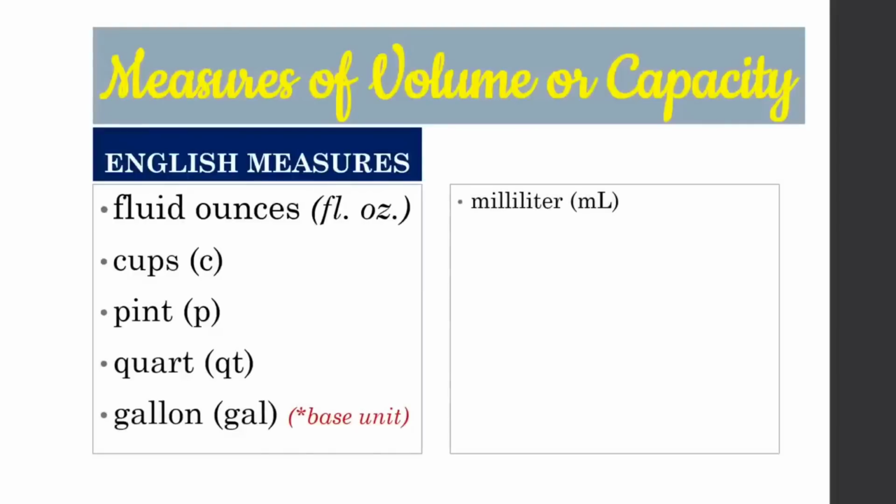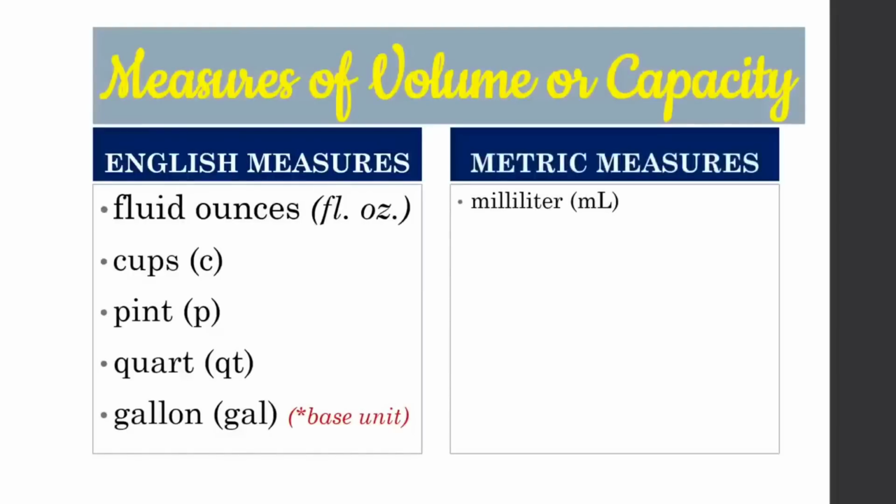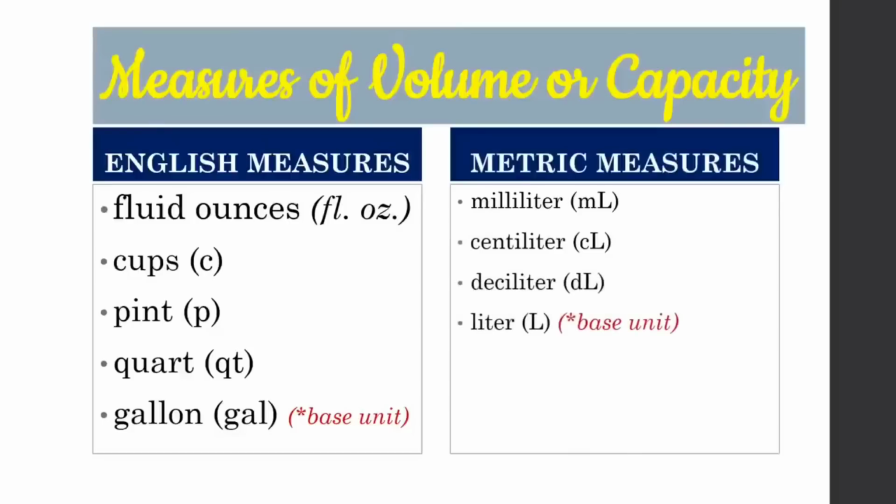As for the metric measures, we have milliliter, centiliter, deciliter, liter, which is our base unit, decaliter, hectoliter, and kiloliter. Again, we are just adding the base unit liter to our prefixes.